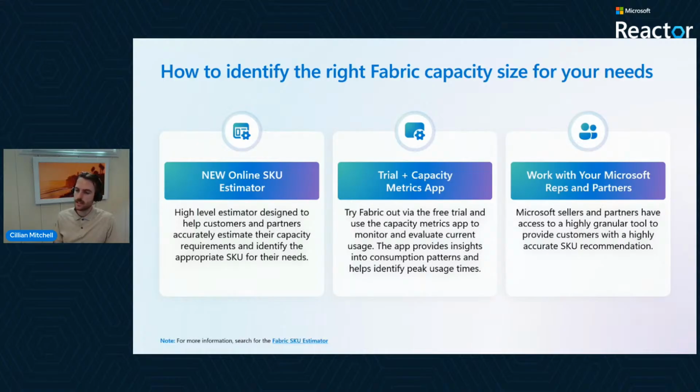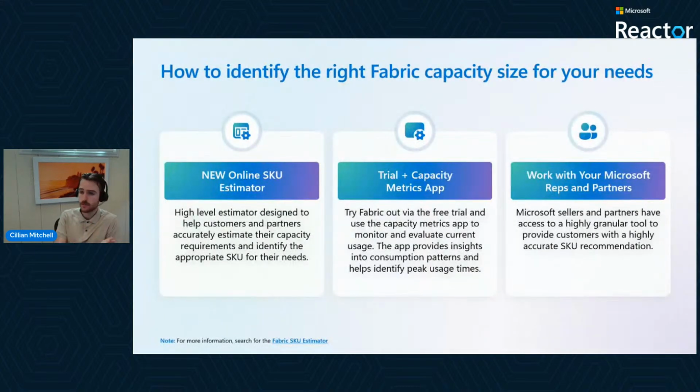And then finally, if you've done the SKU estimator, you've done the trial and the Capacity Metrics app, you have a pretty good sense. Well, you can work with your Microsoft reps and partners. They have this very granular tool that we developed where you can go step by step, every single workload, exactly what scale you think you're going to need, how many people in your organization are using Fabric, and they can give you a very accurate sense of what SKU size you need.